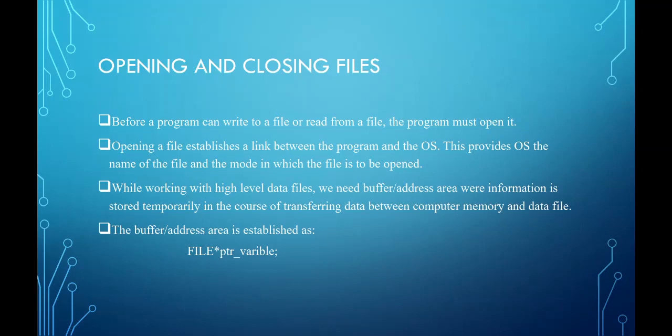While we are using big data files, we need more storage, right? For that we use a temporary storage which is called a buffer area. Using the buffer area we can store the data temporarily.